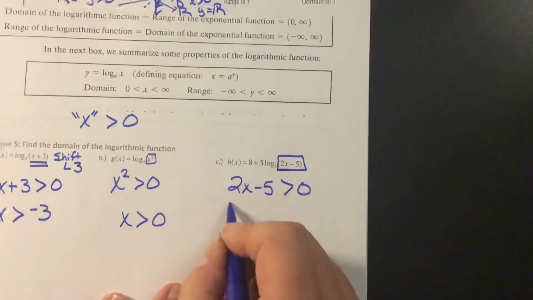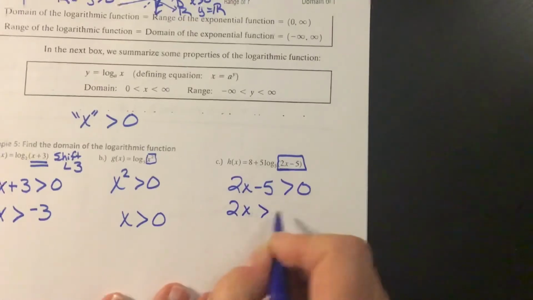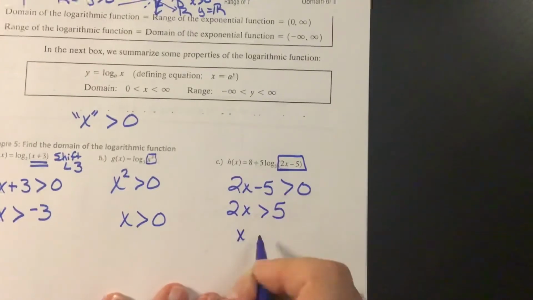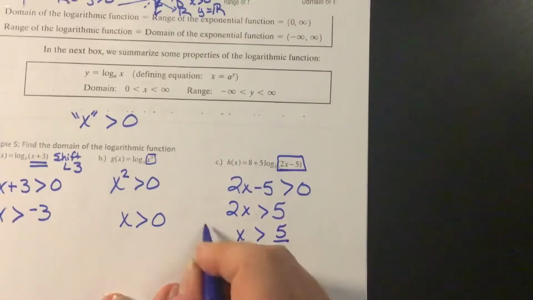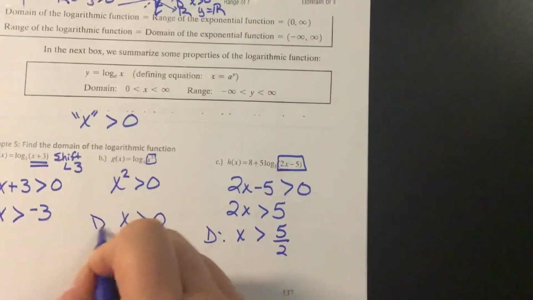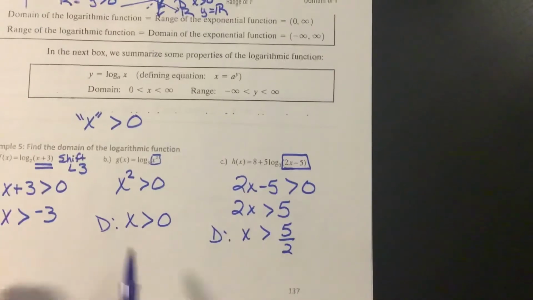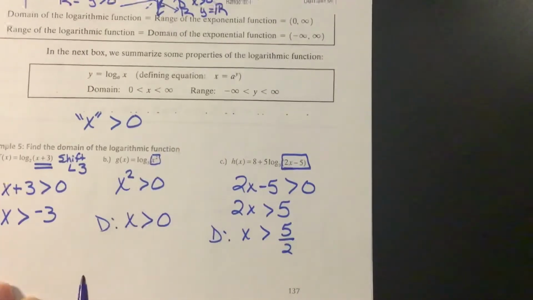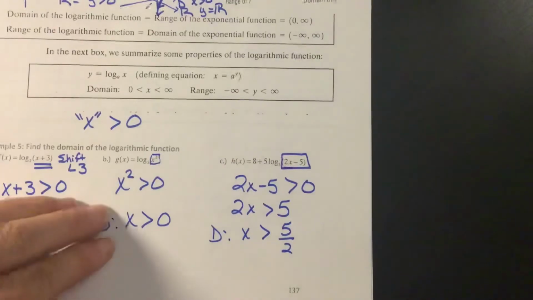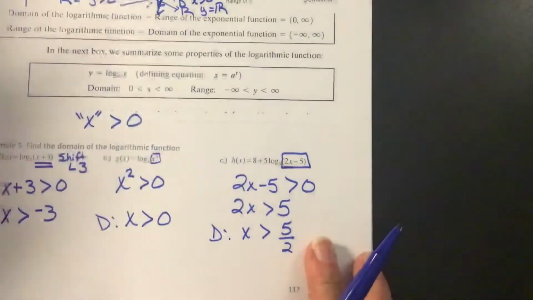So I'm going to add 5, so 2x is greater than 5, and divide by 2, so x must be greater than 5/2, and that would be my domain. So for all of these, to find my domain, set the x part of the equation to be greater than 0, and then just solve for x. That's the simple way of working with that one.